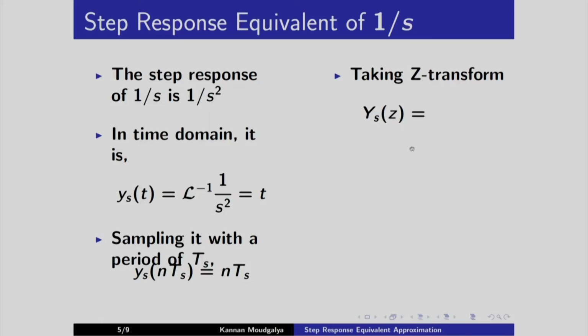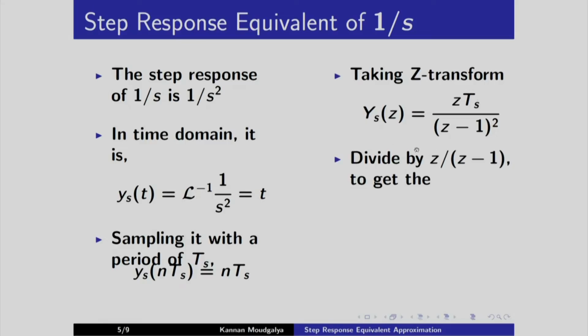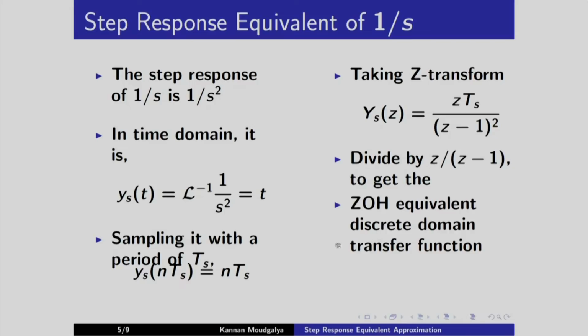Let us take the Z transform of this, you get Ys of Z, it becomes ZTs by Z minus 1 whole squared. We have seen this earlier from the Z transform of n. Z transform of n is Z over Z minus 1 whole squared, and you have the Ts appearing here. Let us divide now by the Z transform of a unit step, which is Z over Z minus 1. We get the discrete time equivalent, which is G of Z equals Ts over Z minus 1.